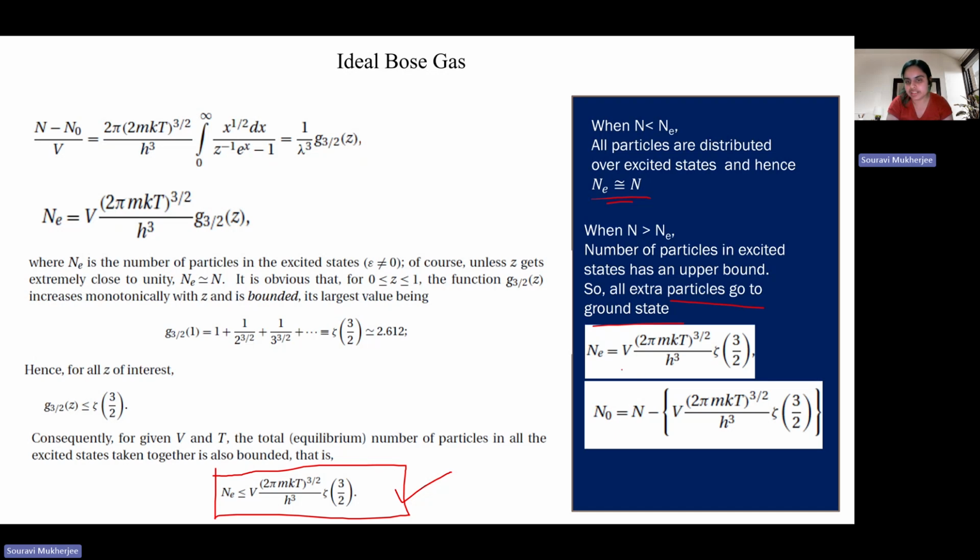From here you can see this is your relation of Ne with T: it goes as T to the power 3 by 2. This is your maximum number of particles in the excited state, and N naught, the number of particles in the zero state, is given as the total number of particles N minus Ne.